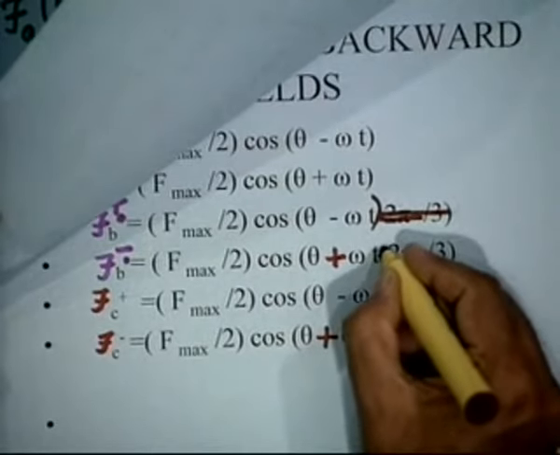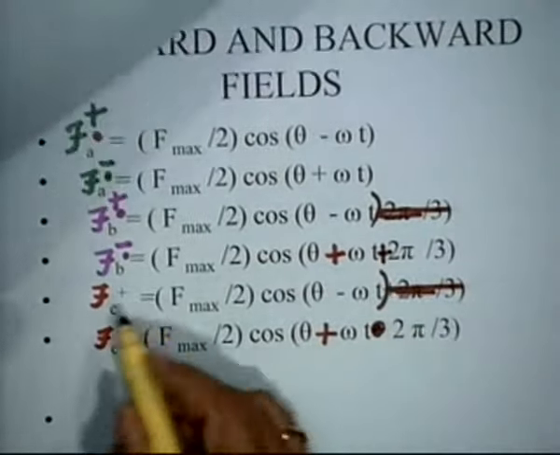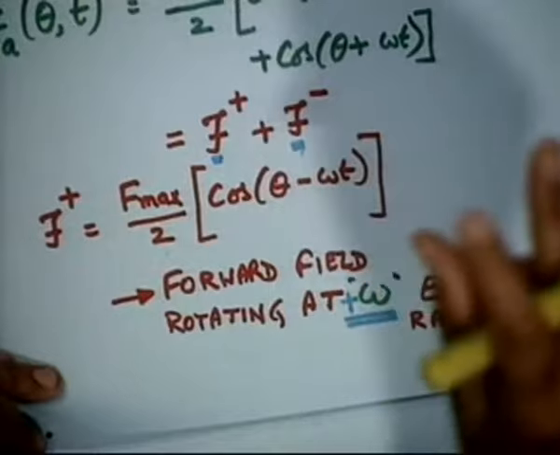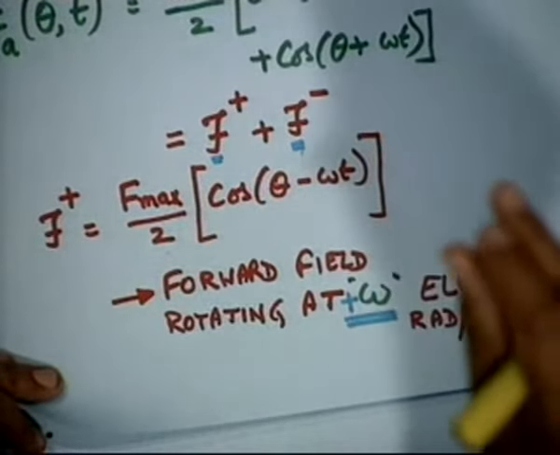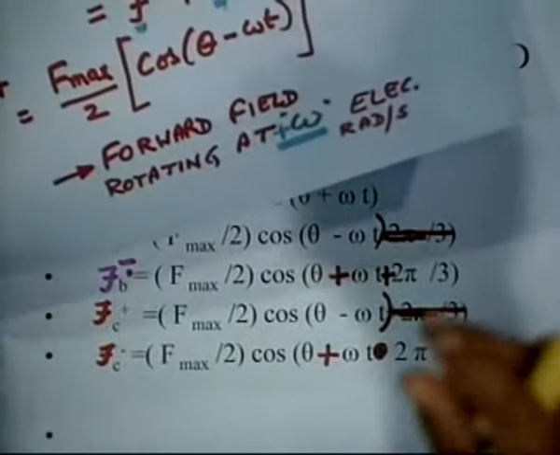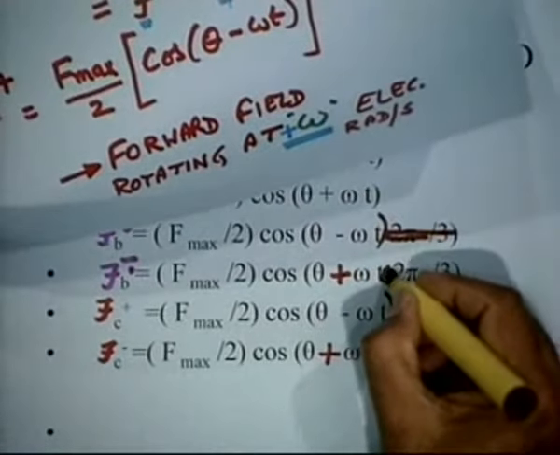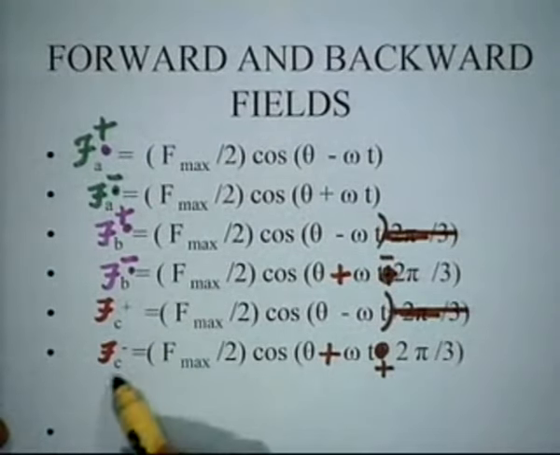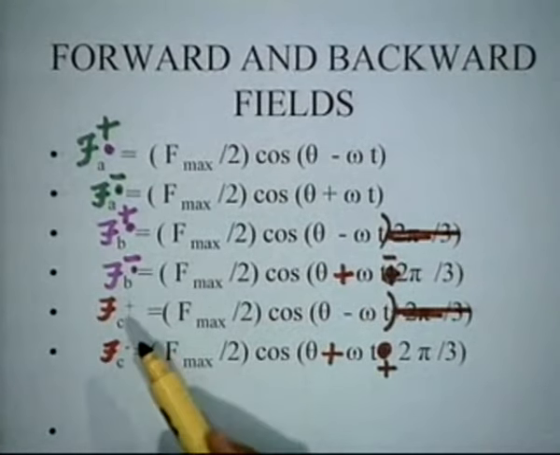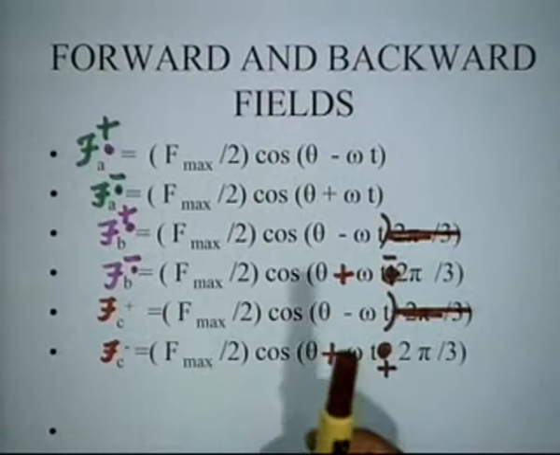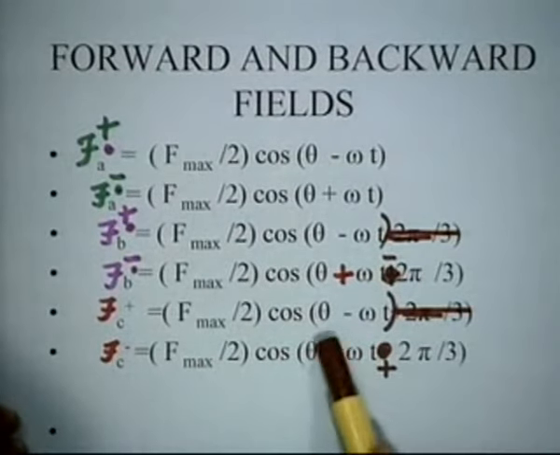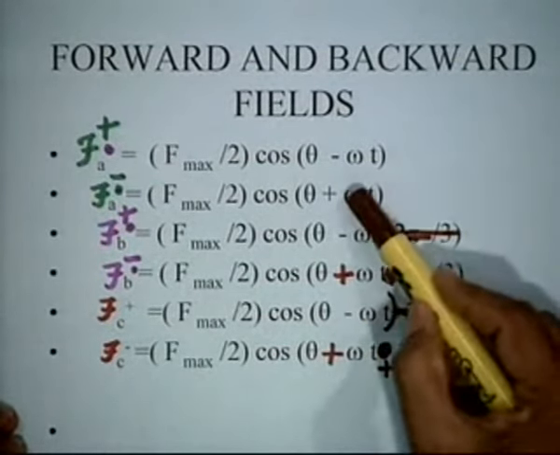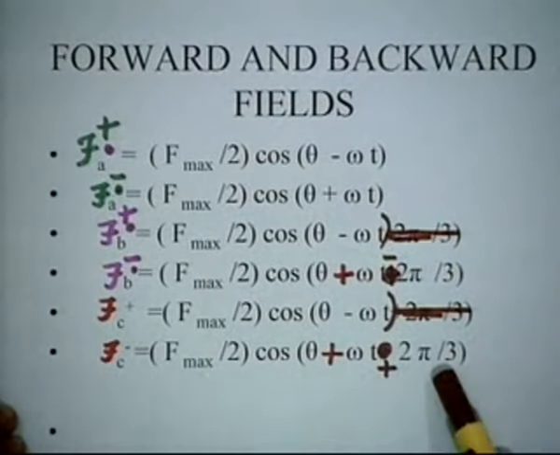That will be plus actually, and Fb minus will be theta minus 2 pi by 3 and omega t plus 2 pi by 3, so that will become plus 4 pi by 3, I think it's right. And similarly Fc plus is your theta plus 2 pi by 3 and omega t plus 2 pi by 3, your difference of that will become theta minus omega t, and Fc minus will have this theta plus omega t plus 2 pi by 3.